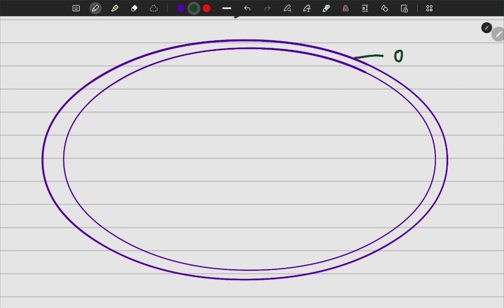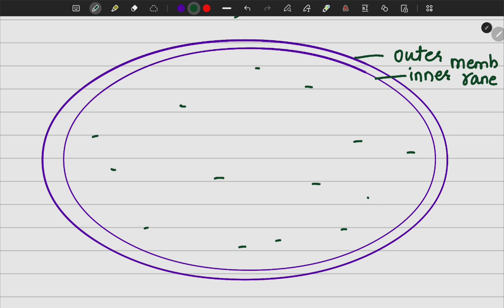So this is the outer membrane and this is the inner membrane. The cytoplasm of the chloroplast is called stroma or matrix. Alright, so this is the stroma.